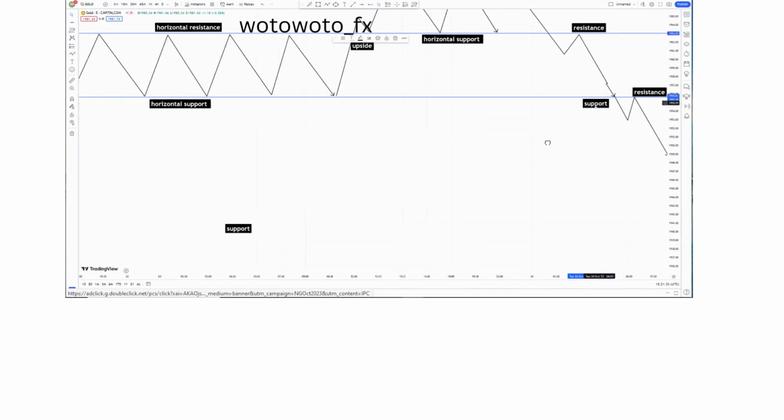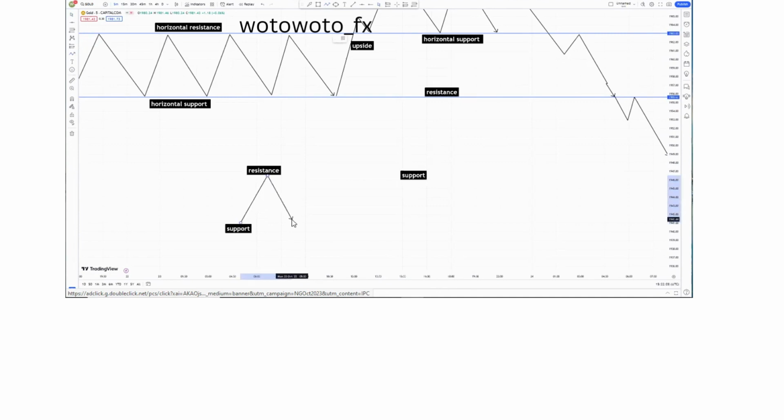So here is support, here is resistance, here is resistance, here is support. Now I want you to watch this. Price went up, tapped here, came down, tapped on this same support level.